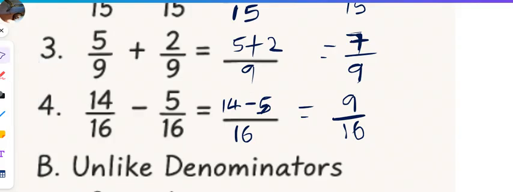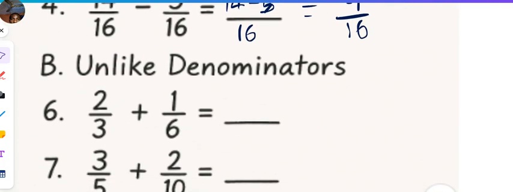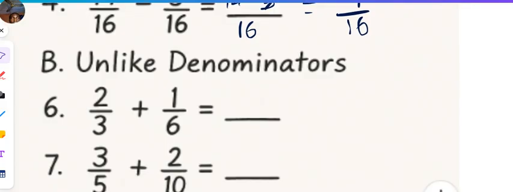Yeah, so the next thing we need to solve is adding and subtracting fractions that do not have the same denominators. We call it unlike denominators. What we mean by that is that we want to solve fractions whose denominators are not the same.